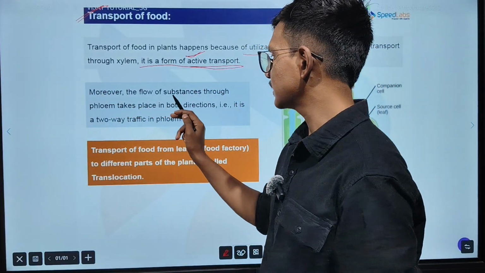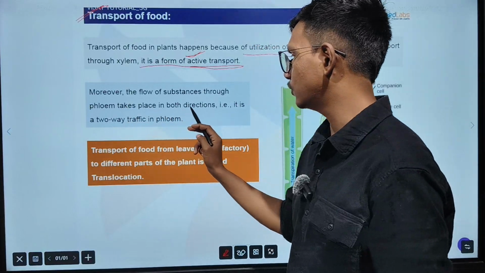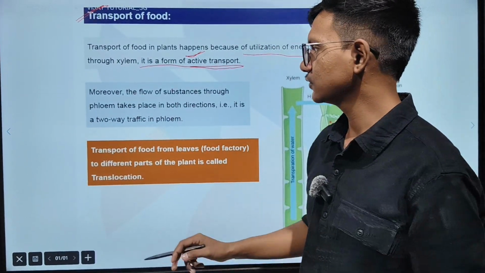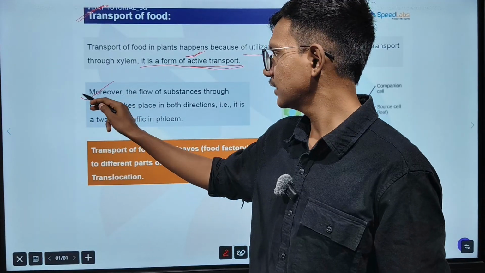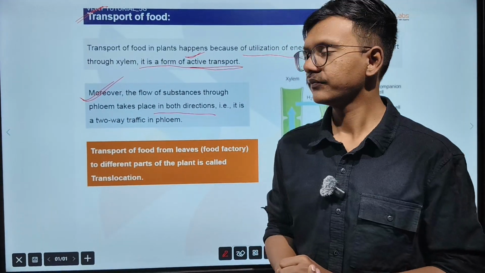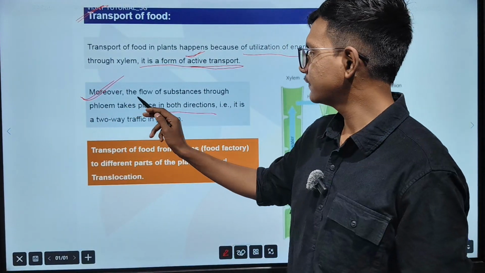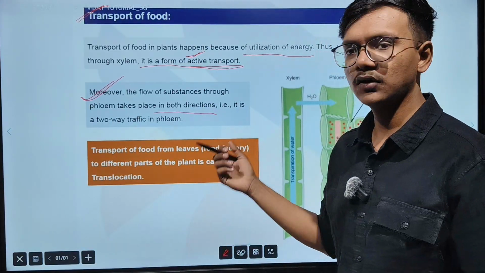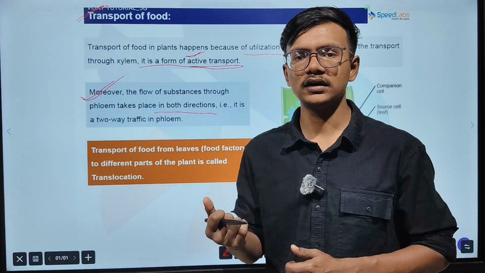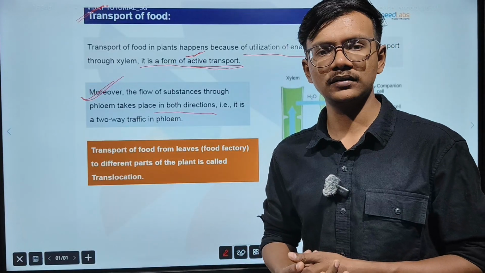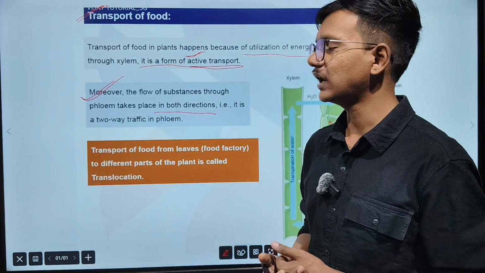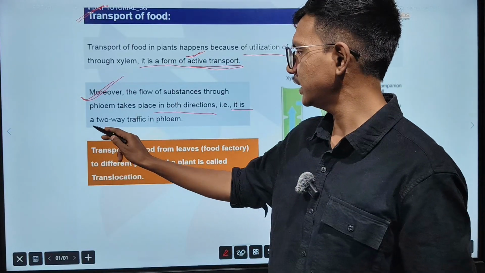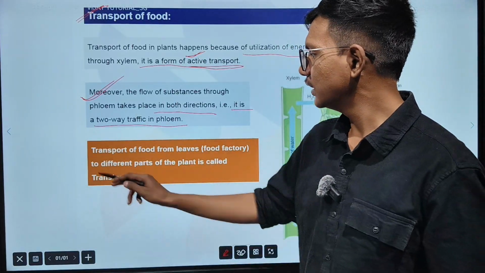Moreover, the flow of substances through phloem takes place in both directions. That is, it is two-way traffic in phloem. Here you have to remember that xylem will do a unidirectional movement, but the phloem will have bidirectional movement.